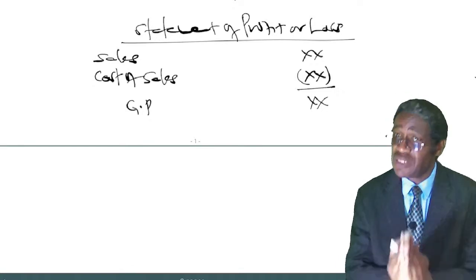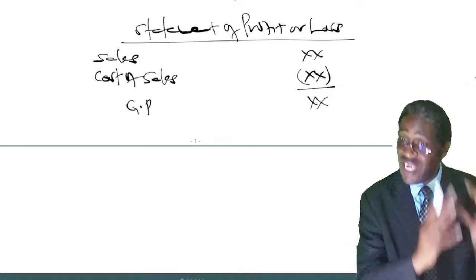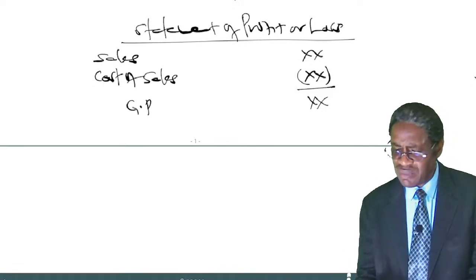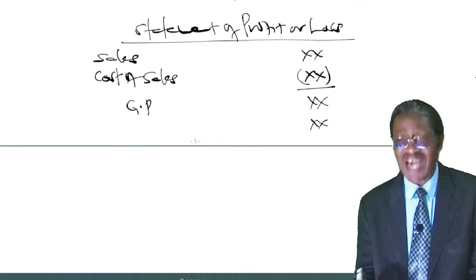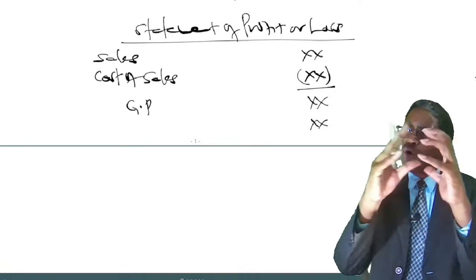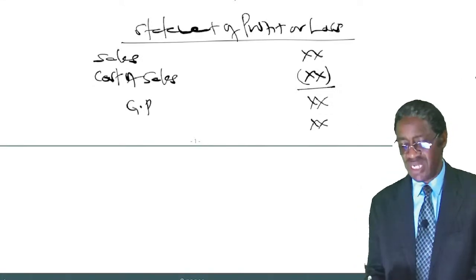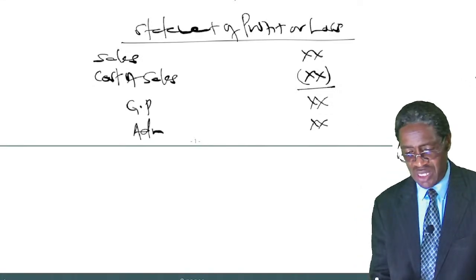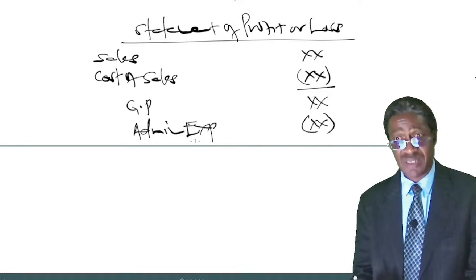All those expenses, again listen, combine them somewhere and bring the figure for all of them as one amount. Combine all the administration expenses somewhere as a working and bring it as a single amount. So you come and say admin expenses, whatever it is, you minus.